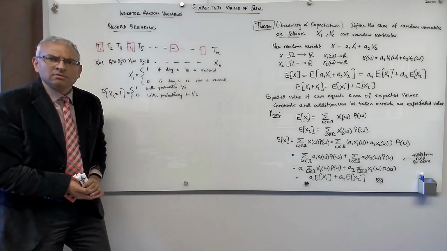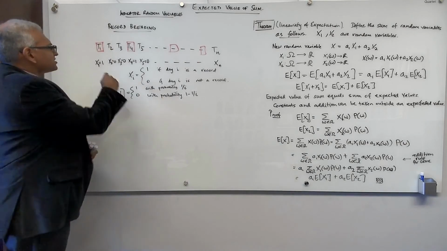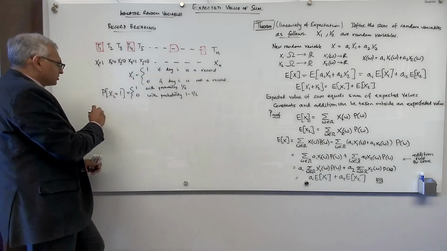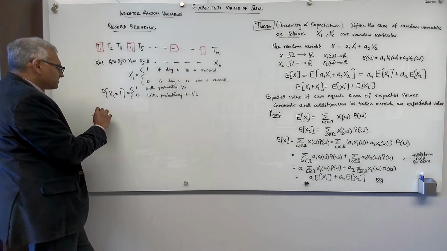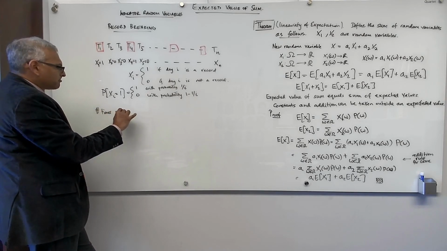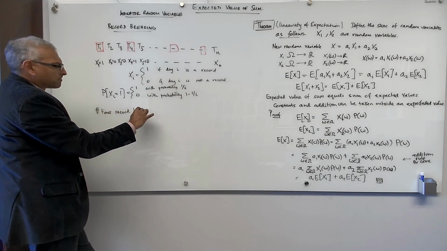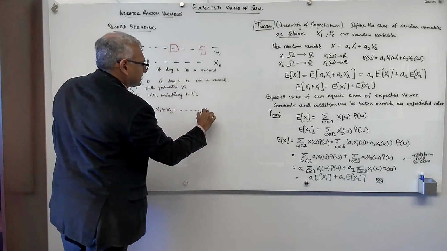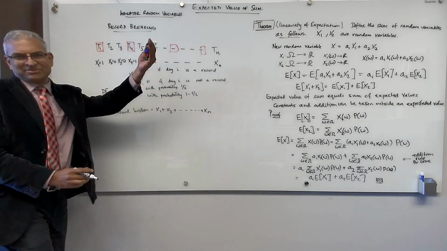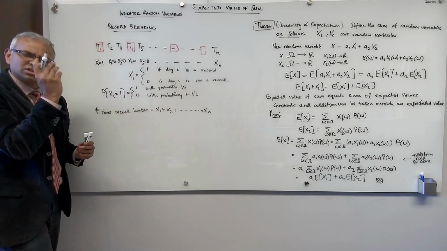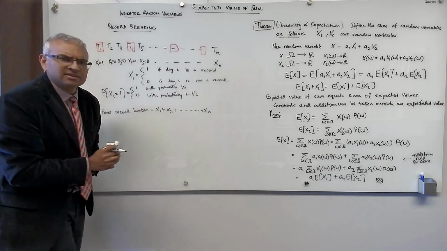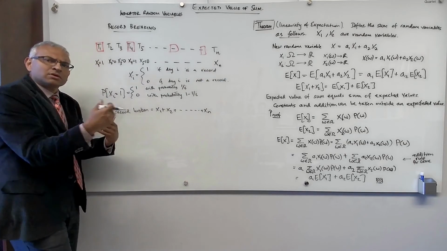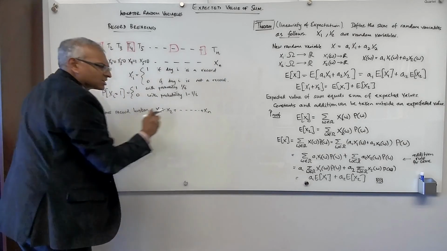Okay, well, how many times was the record broken? It's just the sum of the x_i's. So the number of times the record is broken is equal to x_1 plus x_2 plus ... plus x_n. There comes the theorem with indicator random variables. You just have to be skillful in identifying the indicator and then computing what you want in terms of a sum of indicators.